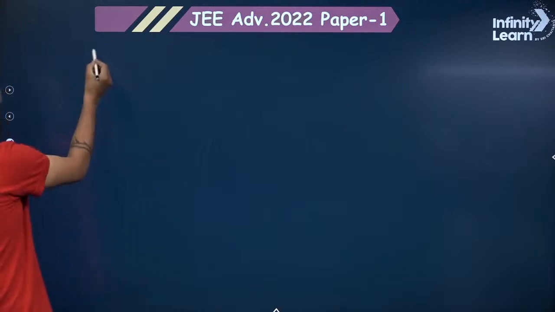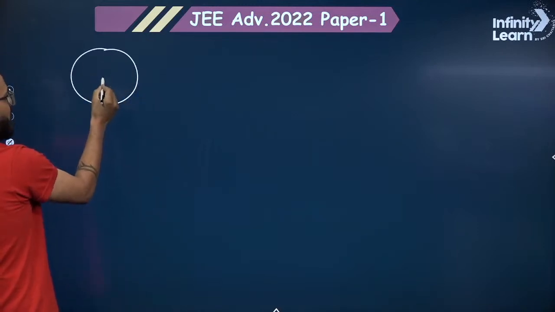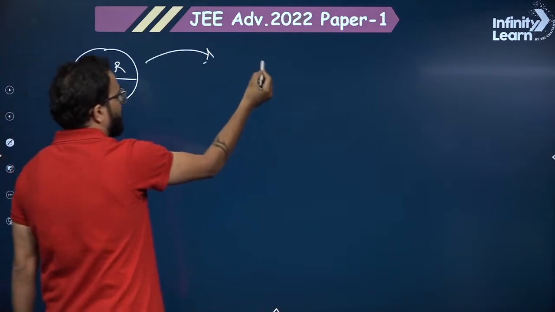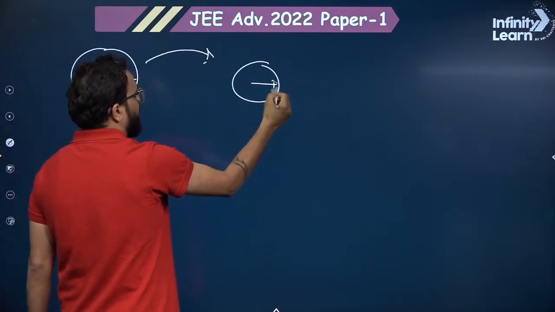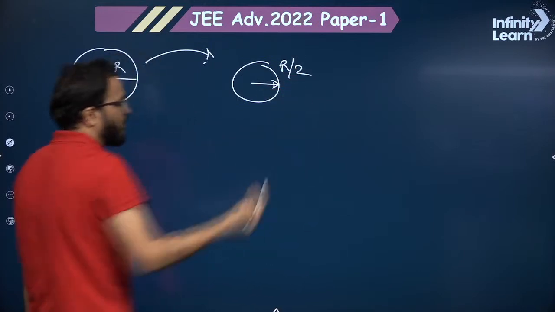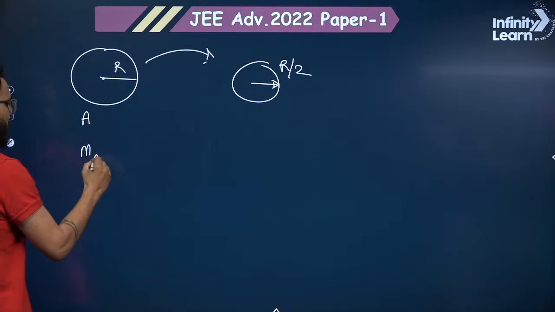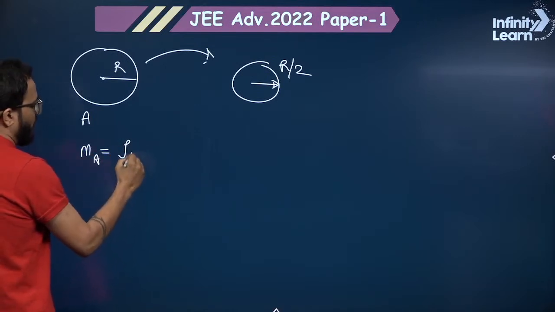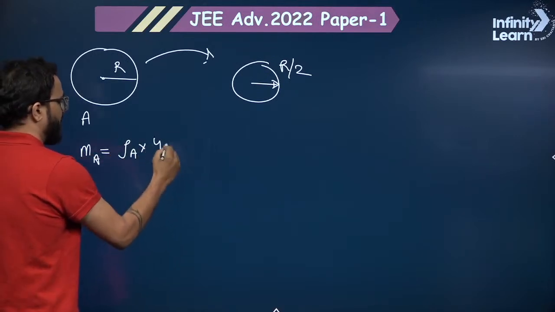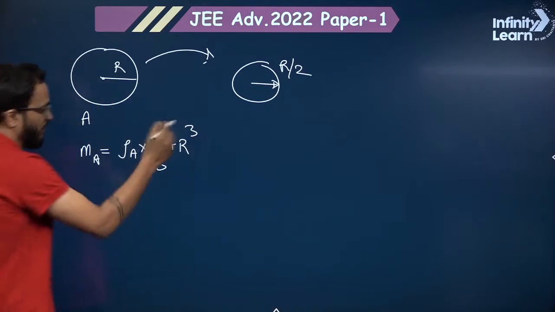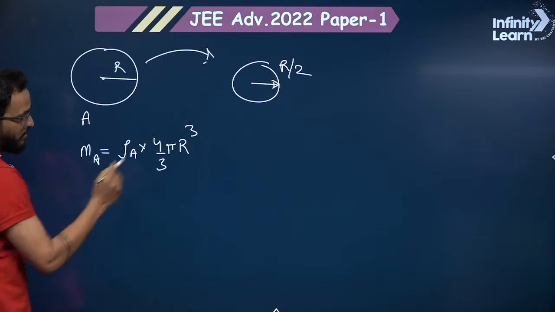So, from here we will say, let's talk about A. Initially the radius was R, okay, and after removal of some mass, now the radius is R by 2. So, obviously what will be the mass? Let's check out. Initially the mass was Ma, which was rho a into 4 by 3 pi R cube, right? Now, what will be the mass left here?